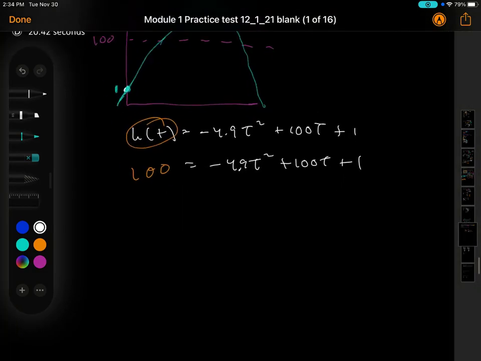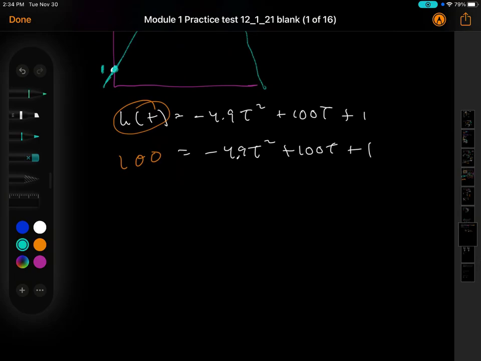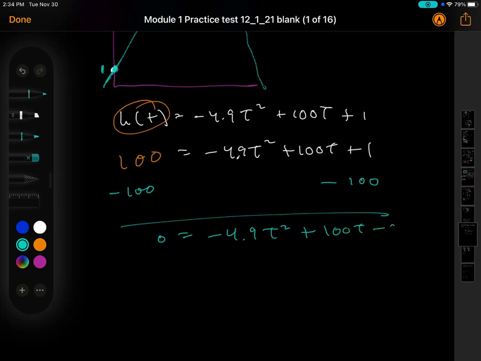And then I'm going to set it equal to 0 because that's how you solve quadratics. Okay, from here you could factor out. I don't think it's going to be nice. Negative 99 divided by 4.9. Yeah, it's going to be a bad number. So you could just put this whole number in.